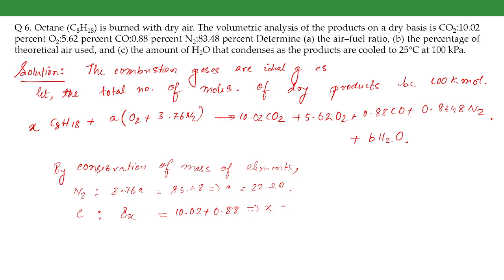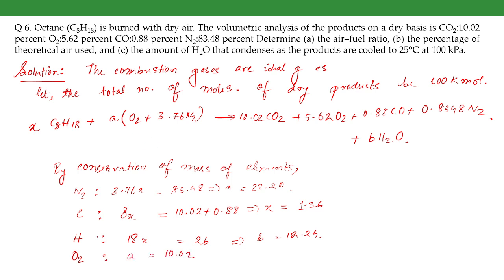This implies x is equal to 1.36. For hydrogen, 18x is equal to 2b, which implies b is equal to 12.24.